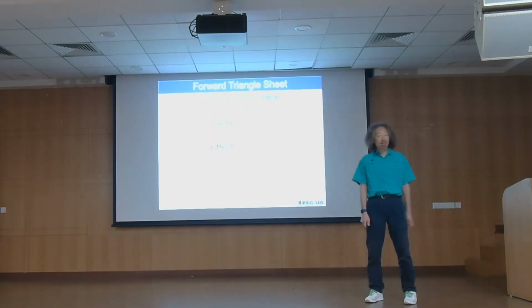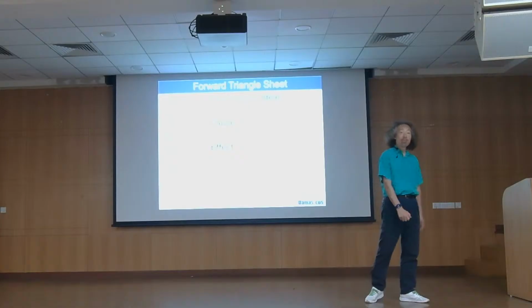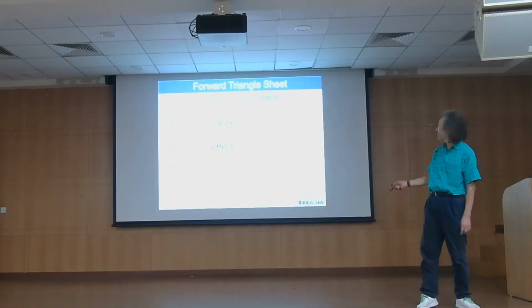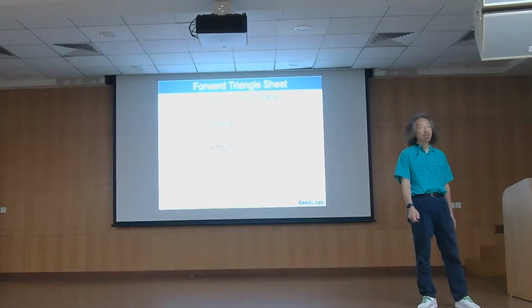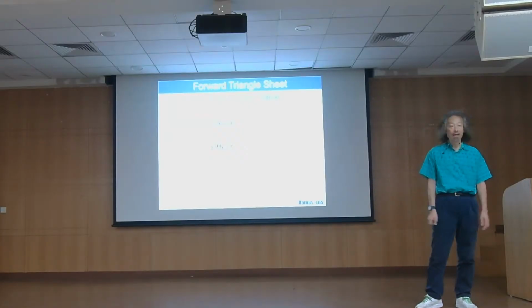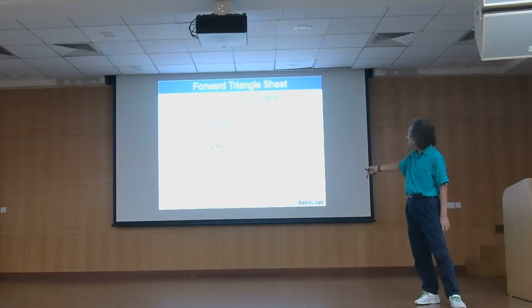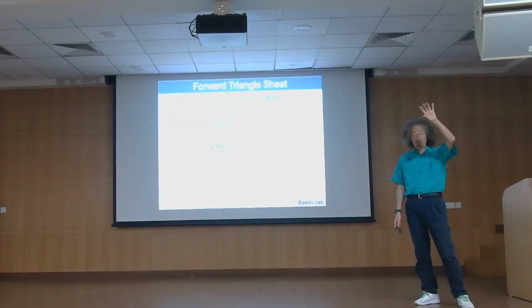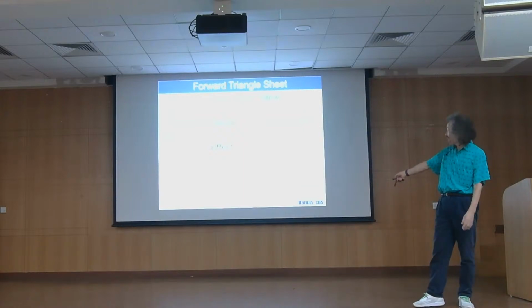To help you identify these things, I have prepared some dedicated sheets. The first one is a forward triangle sheet where you are supposed to identify 4 items in the forward triangle. The first one is the expectation at the top, the last one here is a problem at the bottom.